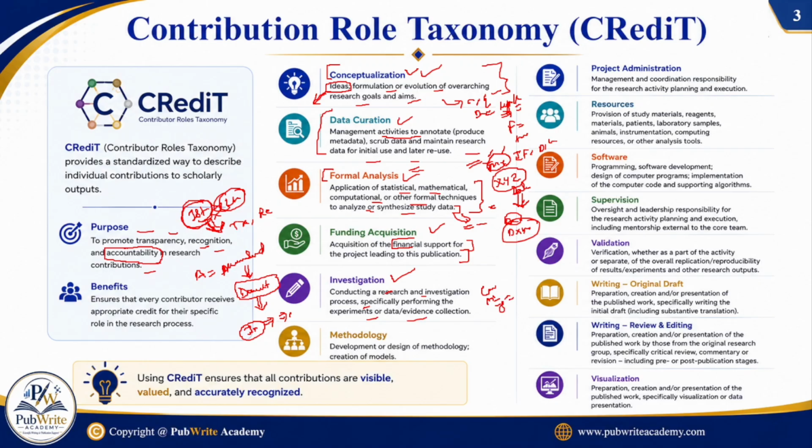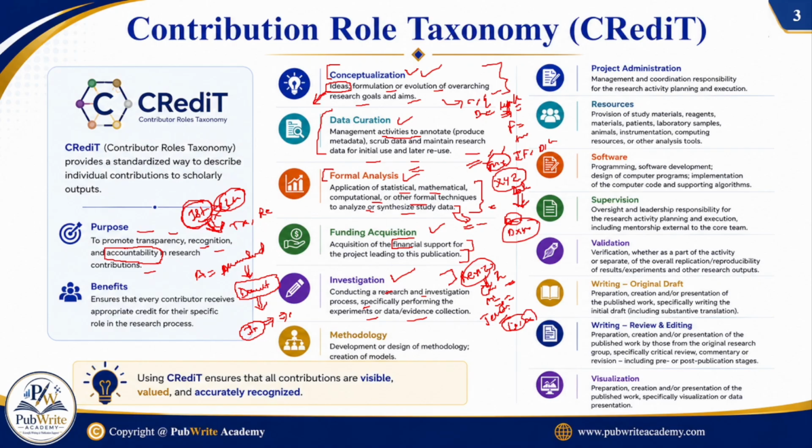Testing a research hypothesis is another aspect. Investigation is also involved if you are writing a review paper, so you need to understand where to put the author. If the author is involved in searching or reviewing the literature, sample data, or any other evidence, then it also comes under the investigation.